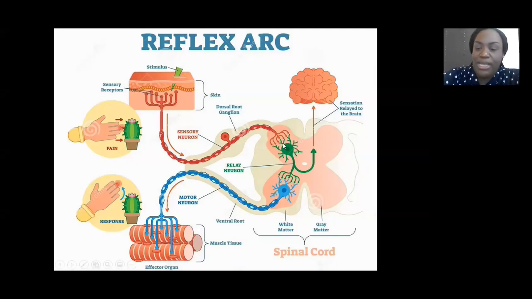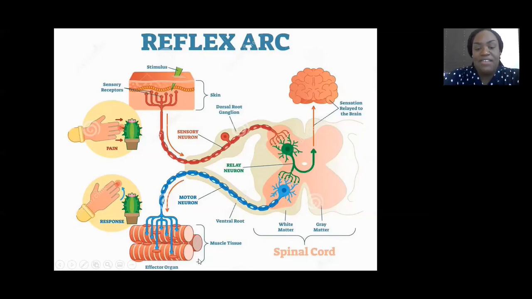So moving along, remember we're in the central nervous system in the spinal cord. This impulse will now travel from this neuron, the interneuron, into your motor neuron. Notice that the cell body is located at the end of the cell. This electrical impulse or signal will further travel along this motor neuron until it reaches the effector organ.